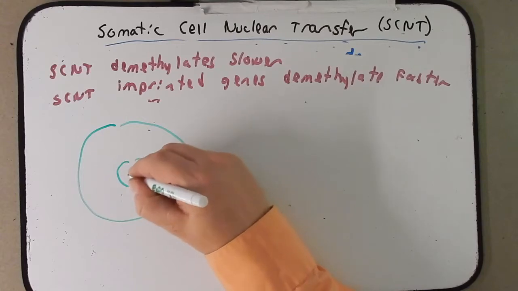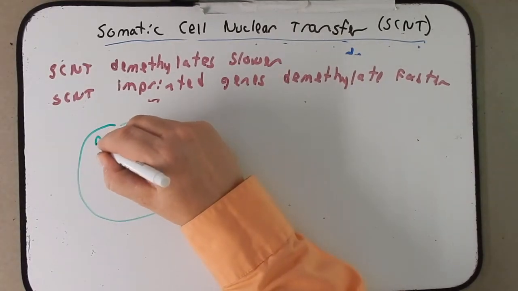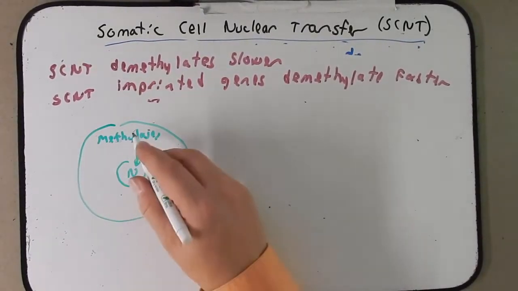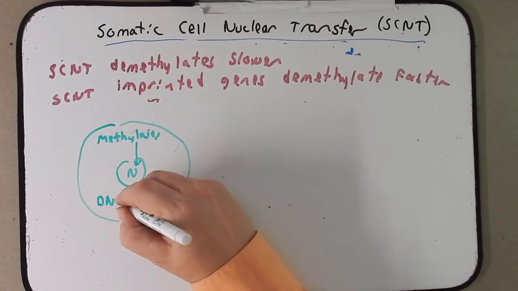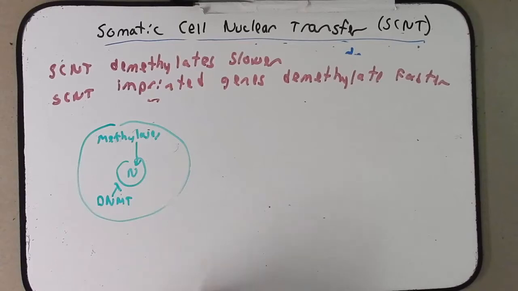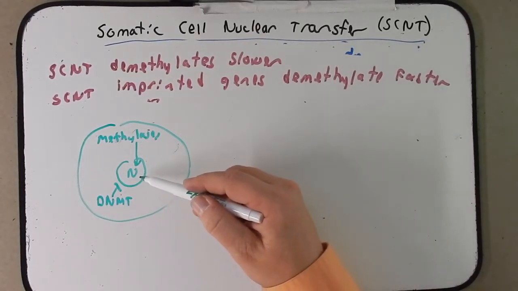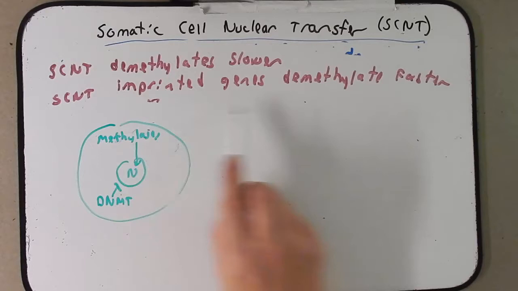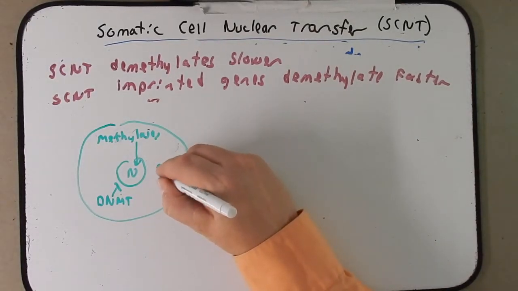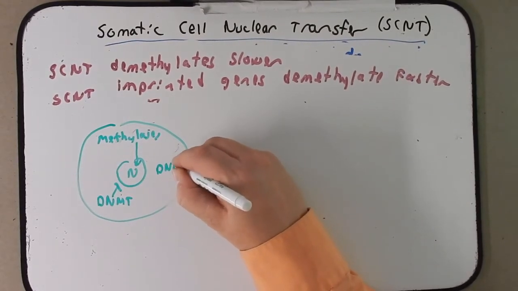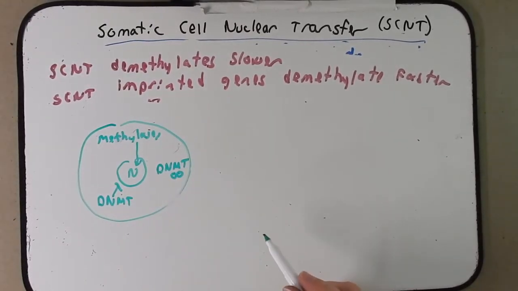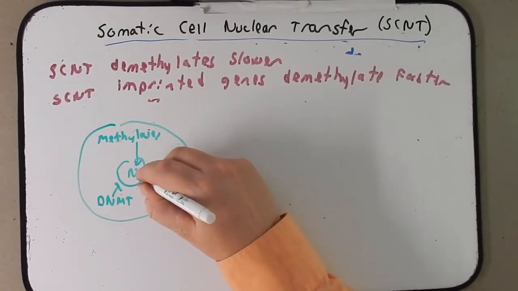We have our nucleus here. Two things happen. We have methylases that need to demethylate the DNA, and in that process, we want to make sure we keep this enzyme, DNA methyltransferase, the one that adds methyl groups, out of the nucleus. In this system here, one might imagine we would demethylate the entire genome. But what happens under natural fertilizations, there's this DNA methyltransferase that we haven't talked about called DNMT3L. It's an oocyte-specific DNMT, and it will enter the nucleus.